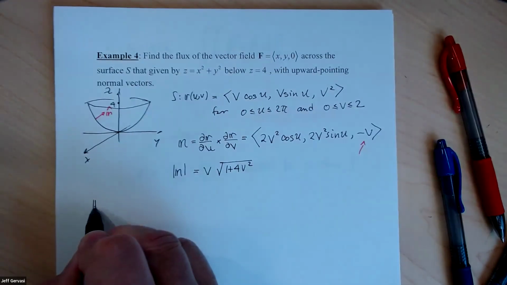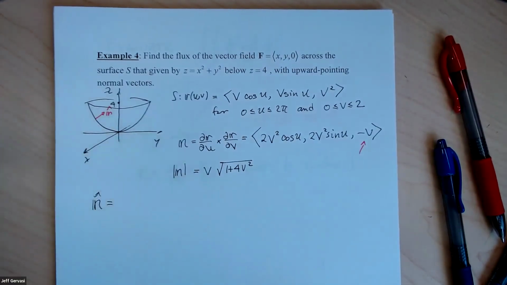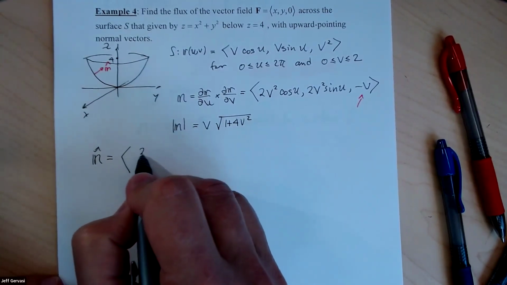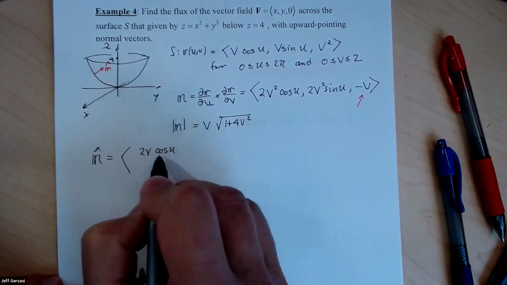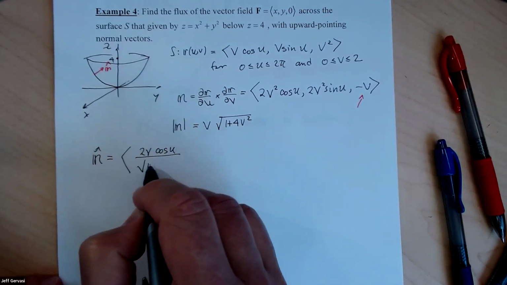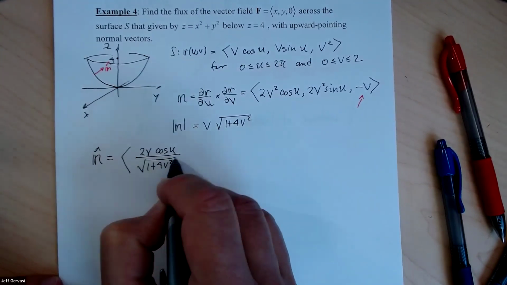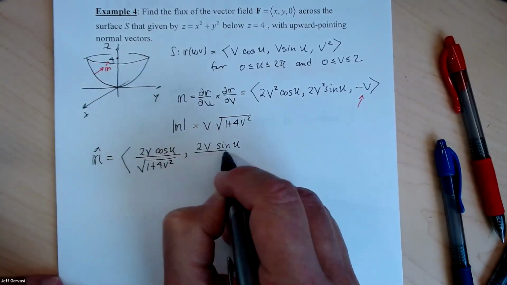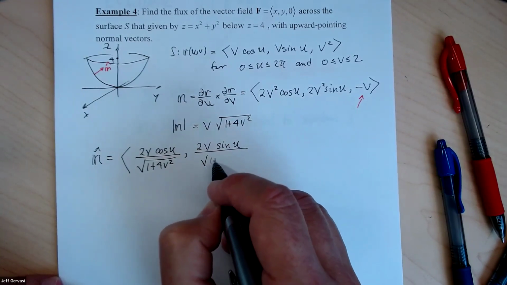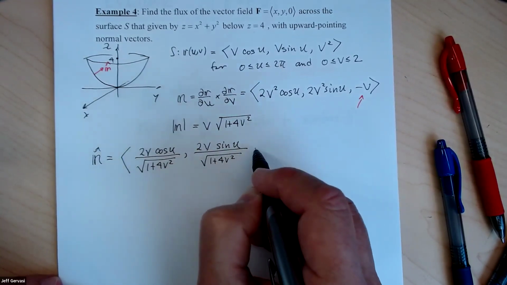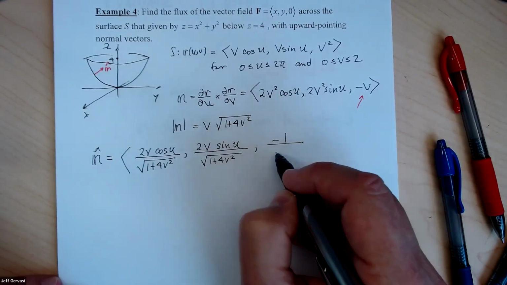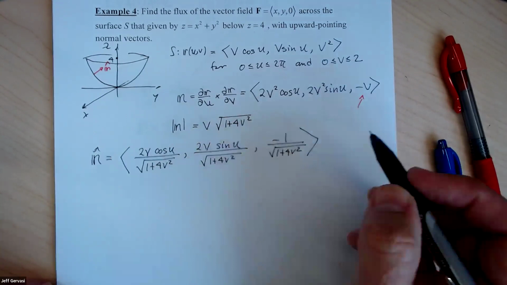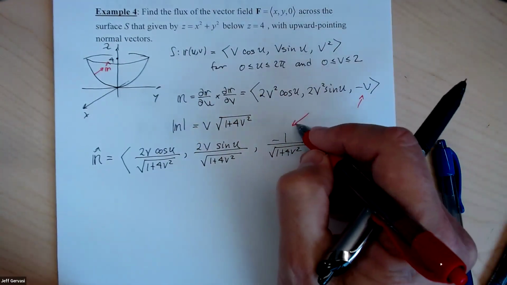So our unit normal vector then, again, we see that negative right there.